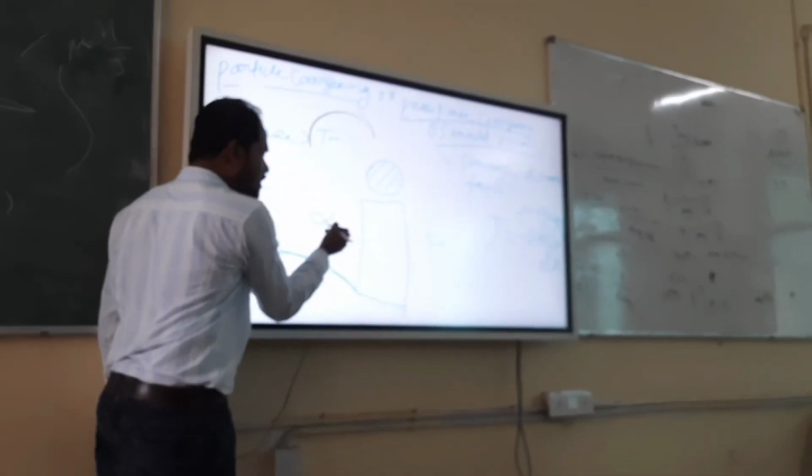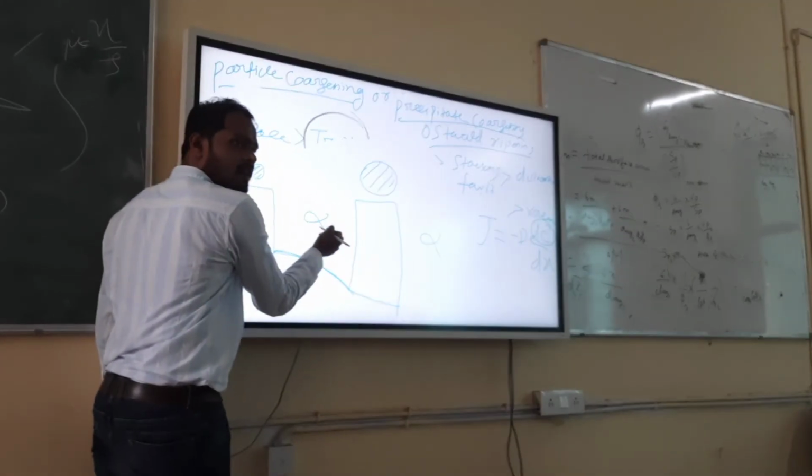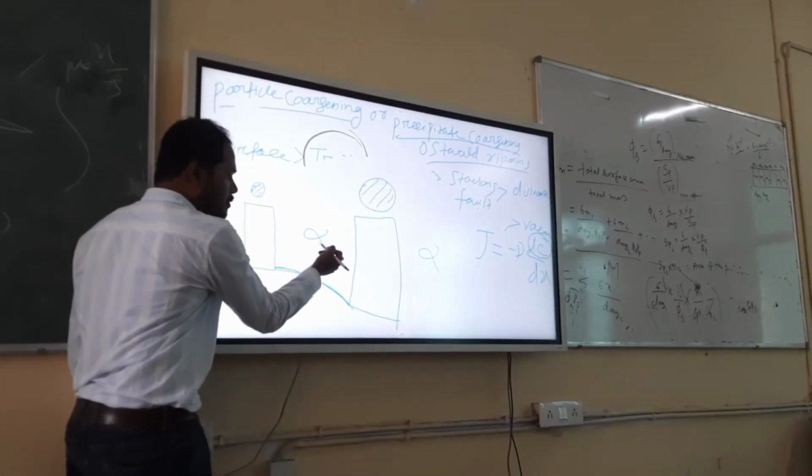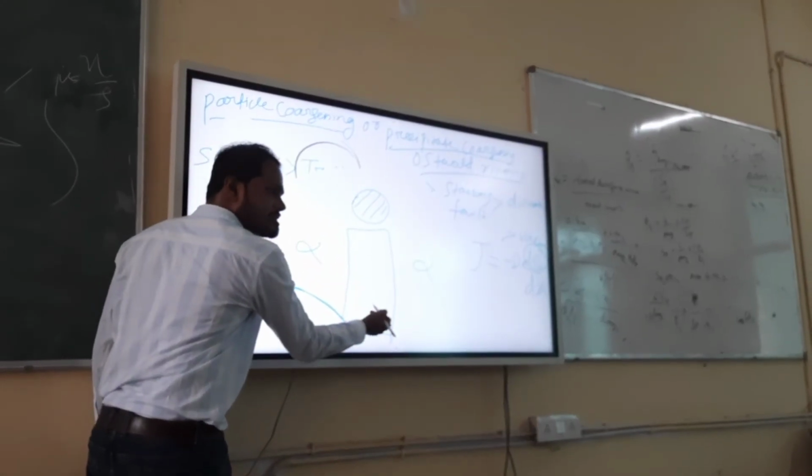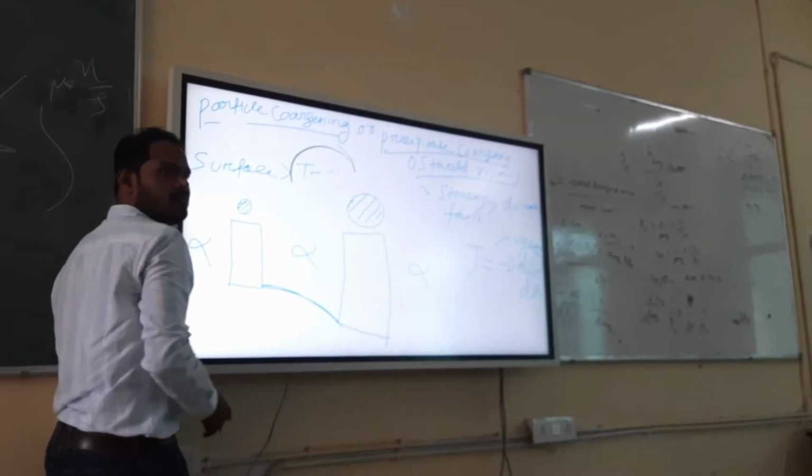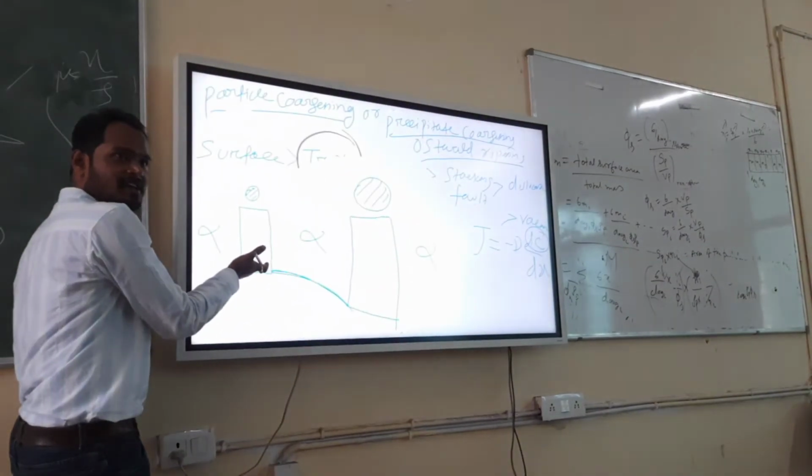This is the concentration gradient. This is a higher concentration gradient. This is a lower concentration gradient. What I told: composition of alpha in equilibrium with small precipitate, composition of alpha in equilibrium with bigger precipitate. Which one is higher? The small one is higher. It is clearly shown here, right?